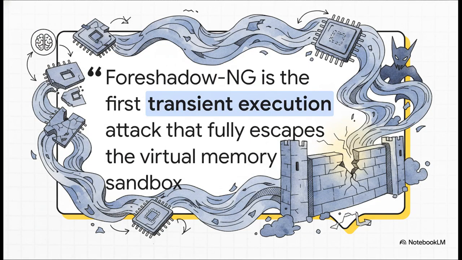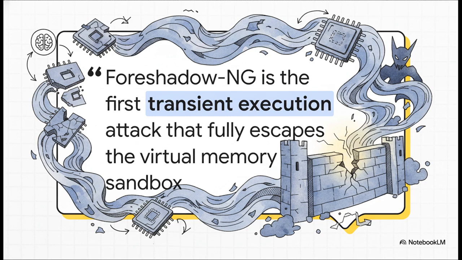And if all of that wasn't concerning enough, we also have the evolution of transient execution attacks, like Spectre and Foreshadow. There's a really striking quote from the sources that says, Foreshadow NG is the first transient execution attack that fully escapes the virtual memory sandbox. These attacks actually exploit how modern CPUs try to predict the future to speed up processing. It's a feature called branch prediction.